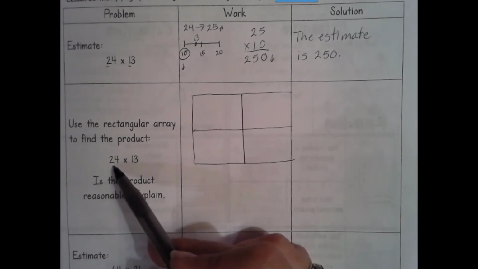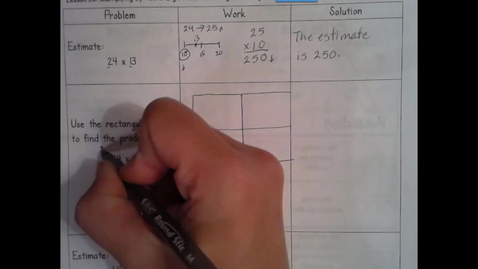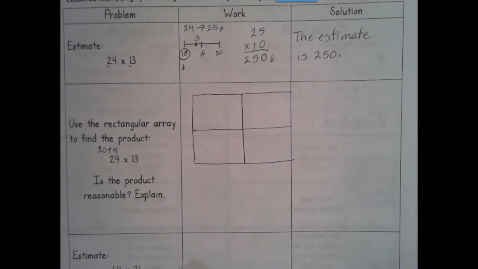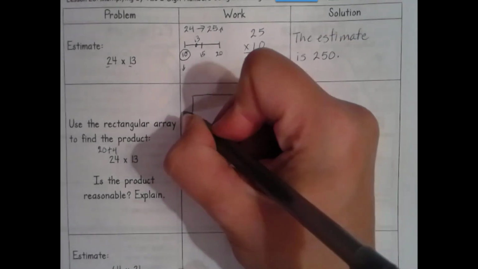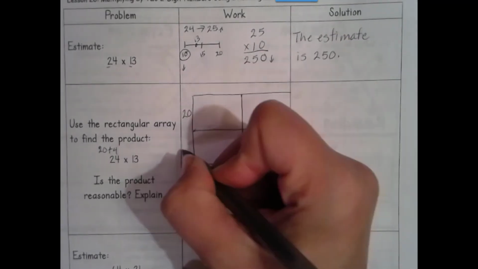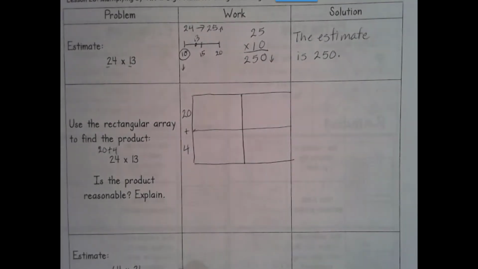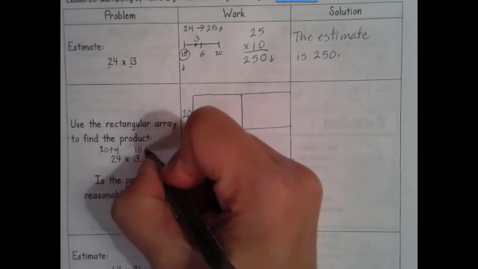And I need to break this apart. 24 is the same as 20 plus 4. I need to put it in its expanded form. Show what those digits represent, and I'm going to break this apart in its expanded form.